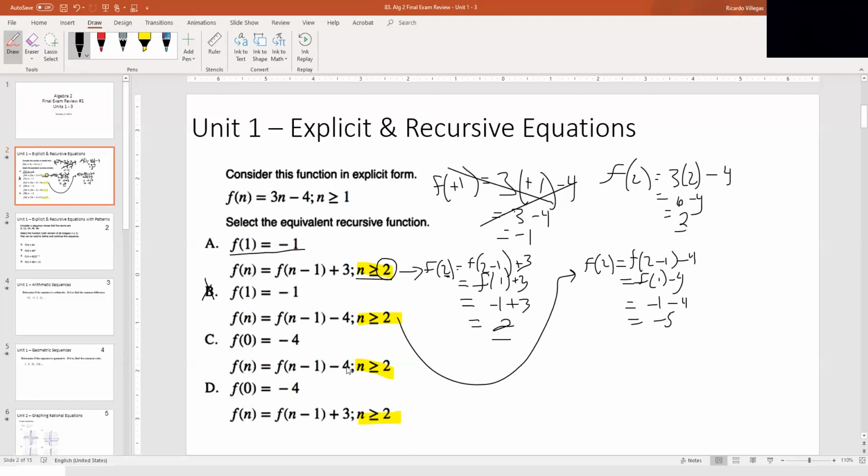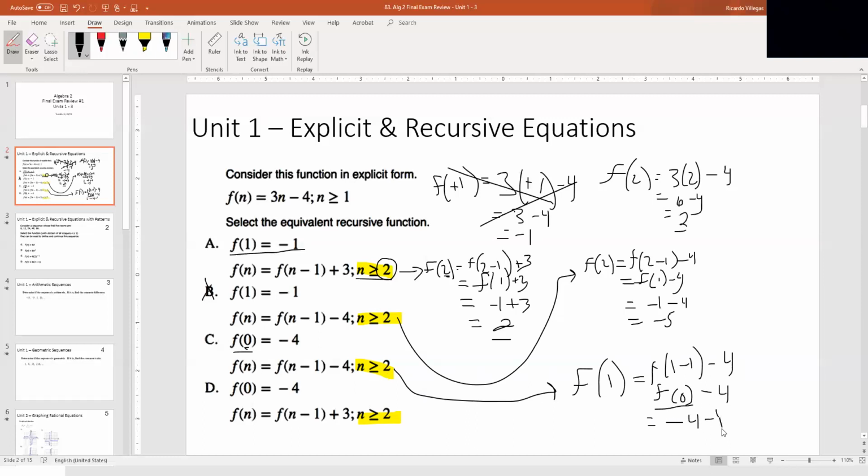Now, for C, I want you all to notice that they gave us the answer to f of 0. We get f of 0 by plugging in a 1 for n. The only way we get f of 0 is if I say f of 1 is equal to f of 1 minus 1, minus 4. f of 1 minus 1 is f of 0, which is what I want because now I can substitute that in, and I forgot to drop down this 4.